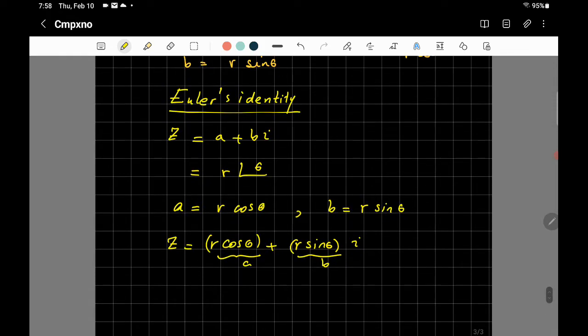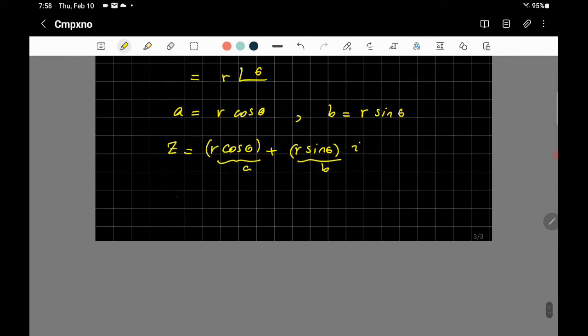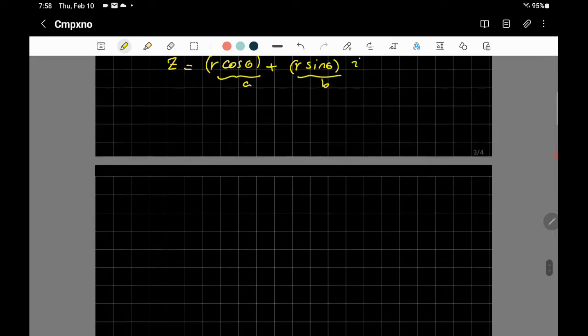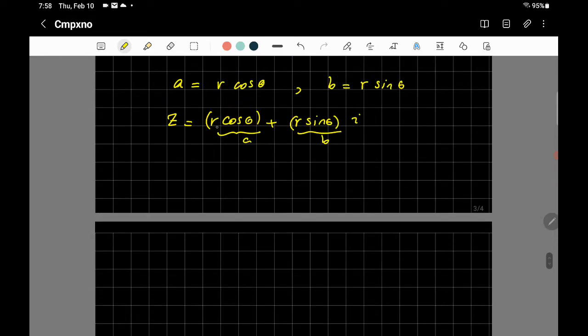Well, Euler said that if you have, let's say, R equal to 1, a special case, in this case, what is Z? It will be equal to cosine theta plus sine theta i, or you can use the other form, put j in there.